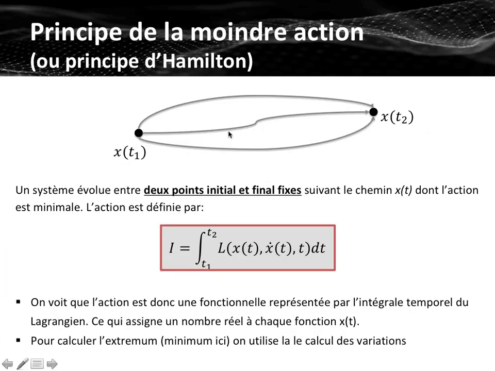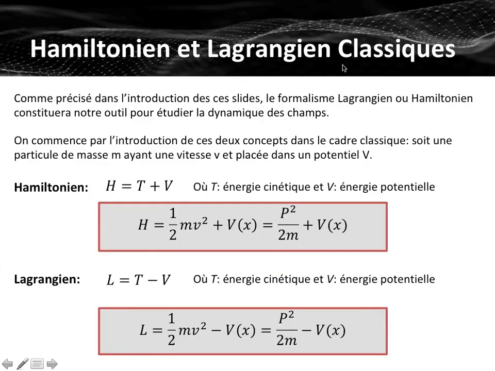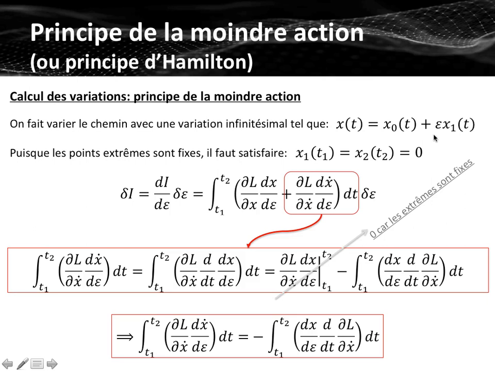For example, if this is x0 of t, I can induce a small change into it, so it becomes this one, okay? But with a condition. This is written x0 of t plus a small epsilon x1 of t. But I have the condition that x1 of t1 and x1 of t2 equal 0, which means that the 2 points x(t1) and x(t2) will not change.